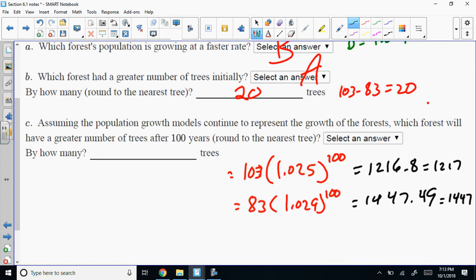So who's got it? Forest B. By how many? I got 1447 minus 1217, right? Y'all agreeing with me? I got 1260. 1216.81, round to the nearest tree, right?